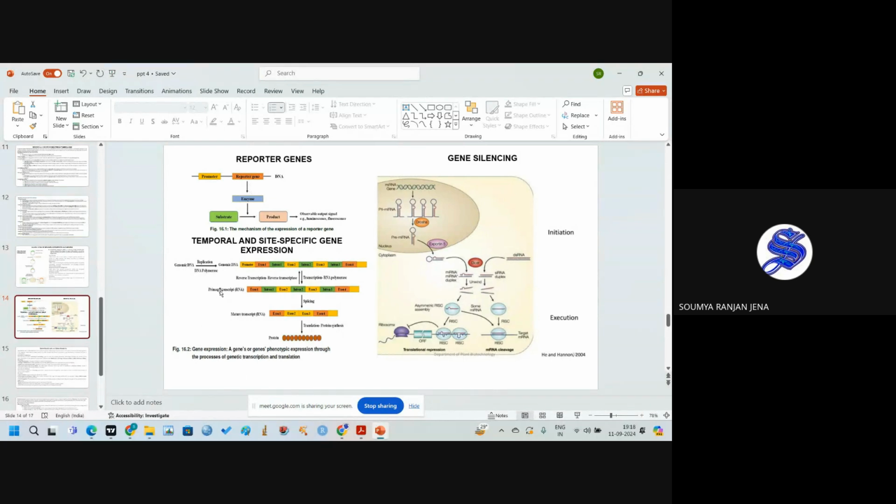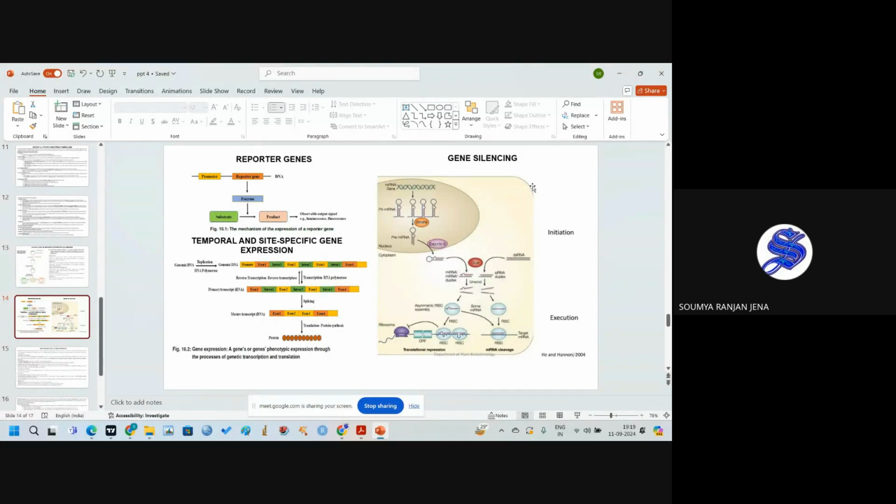And this is the primary transcript which contains exon intron boundaries. After splicing, the introns, that is the non-coding regions, are removed, and the mature transcript contains exon 1, exon 2, exon 3, exon 4, and this mature mRNA is then translated to a functional protein. These are the normal cases.